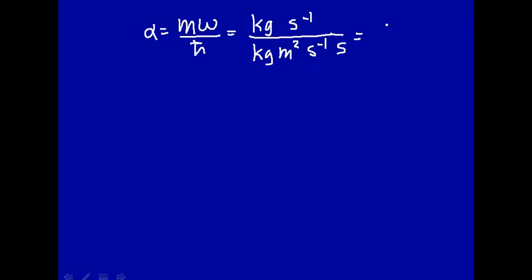So what you find is that alpha has units of 1 over meter squared. That's not mass, that's meter squared. So it has units of 1 over length squared, or alpha to the 1/2 has units of 1 over length.